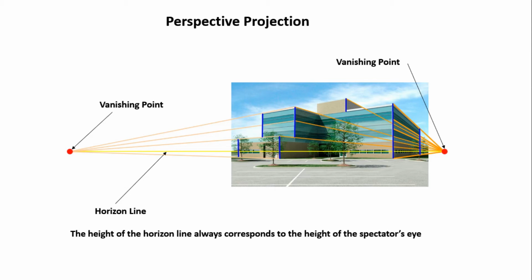So now you know that the horizon line will be at a height equal to the height of the eye of the person who is watching the object. In that particular height the vanishing point will also be lying. So the vanishing point as well as the horizon line are in the same horizontal line, at a height equal to the height of the spectator's eye, or the viewer's eye.